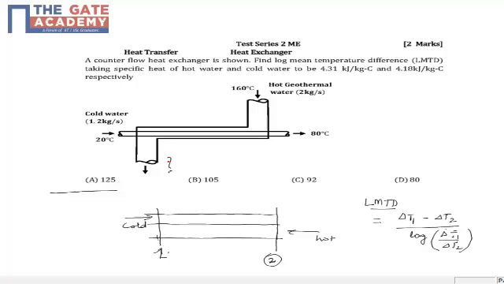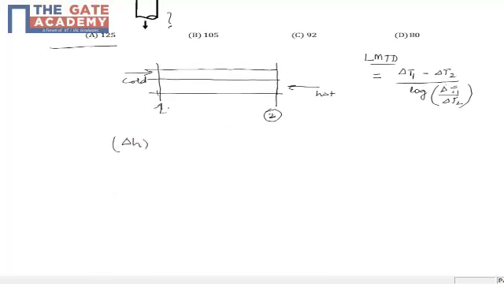So the general assumption is that the entire energy given by the hot water is used for heating cold water. So the decrease in enthalpy of the hot water is the increase in enthalpy of the cold water.